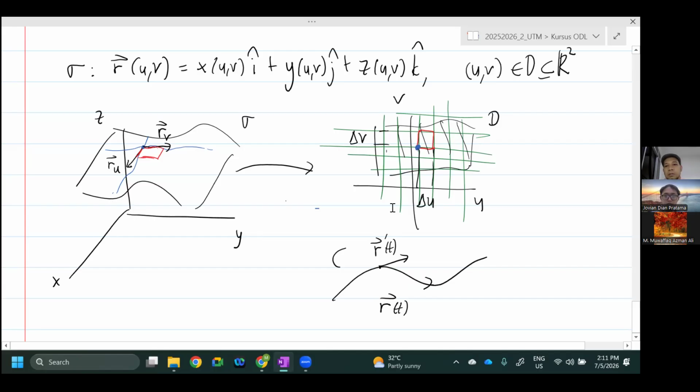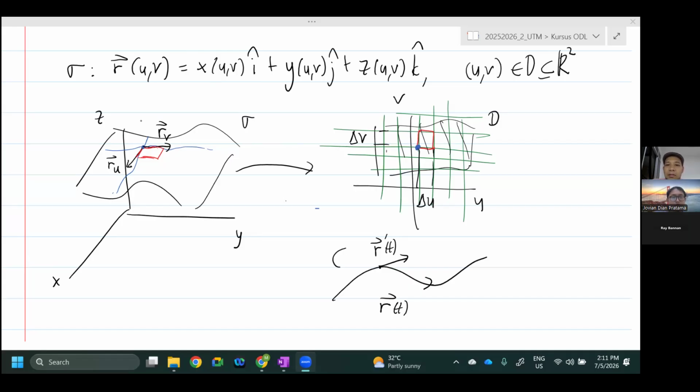So if I want to compute the area here, it is not enough only to know the direction. I need to also know the magnitude.